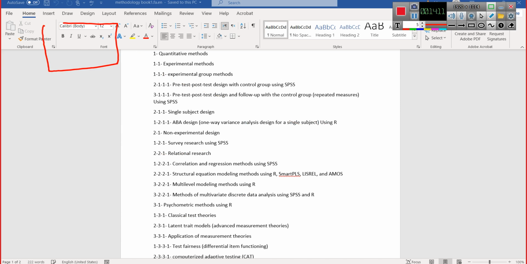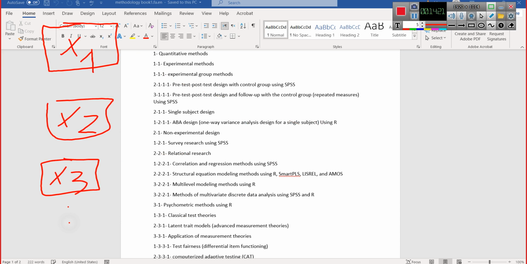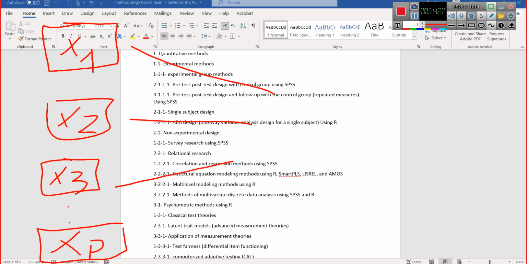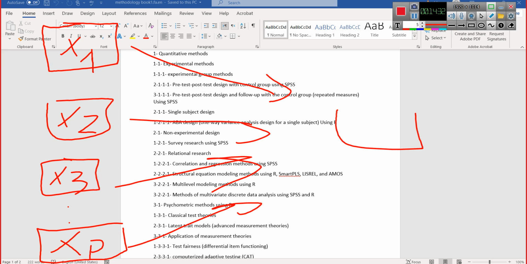Here, let me just extend it like this. From x3 to xp, these are predictor variables. We have a single criteria variable, that is the dependent variable.